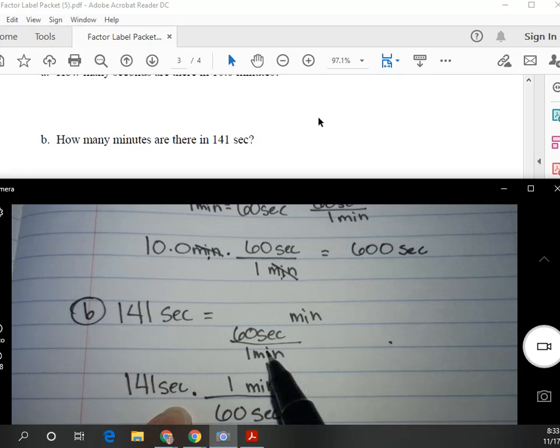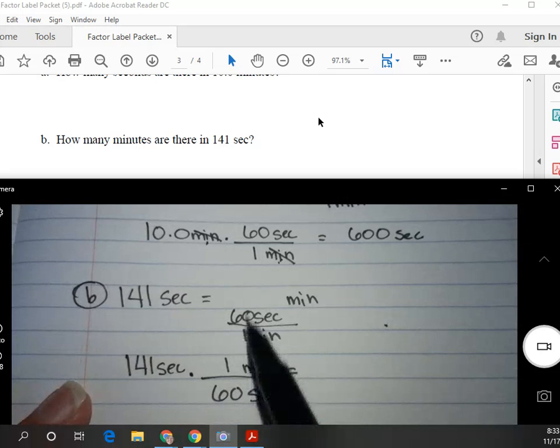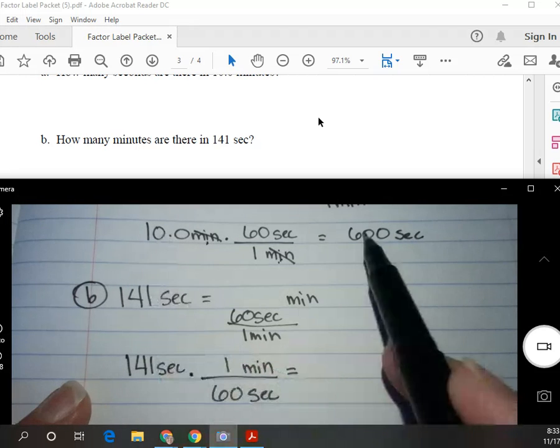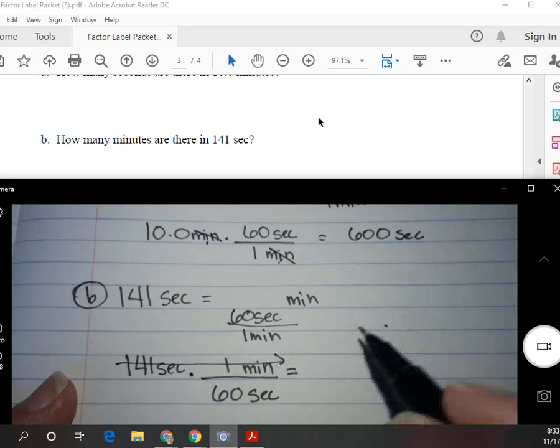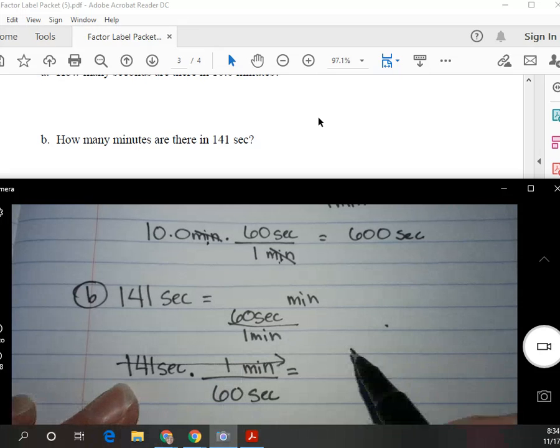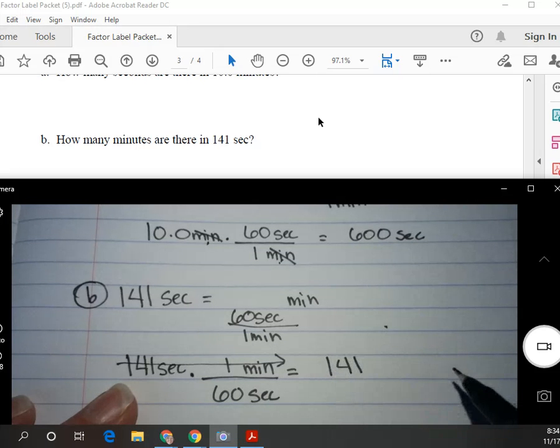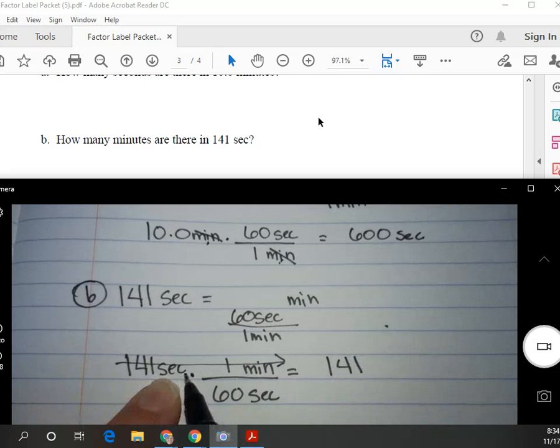So when I'm doing this, just like we did up here, you guys said just multiply it. You're going to multiply, but you multiply straight across. And so you get 141 times 1, which is 141. But look at the units. You get second minutes.